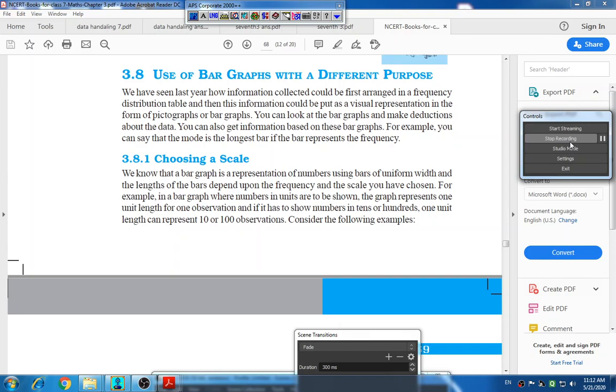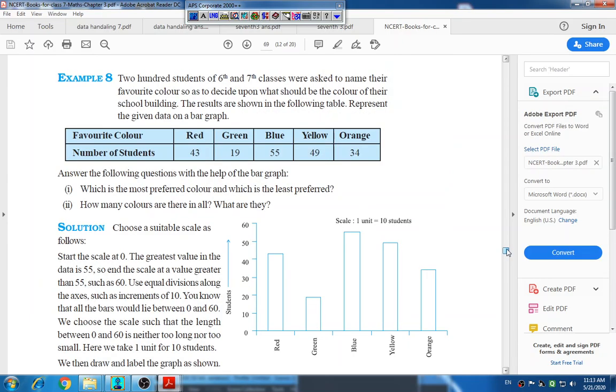You can look at the scale and some drawings, you can see how we can draw bar graphs.